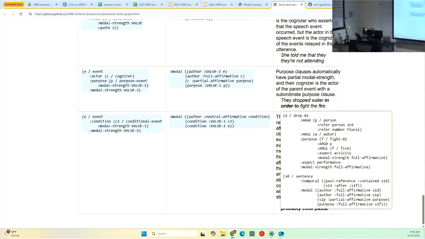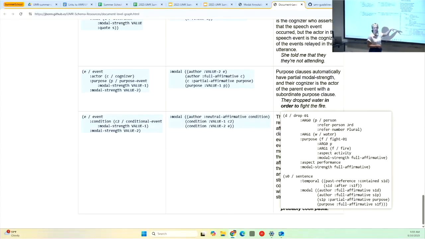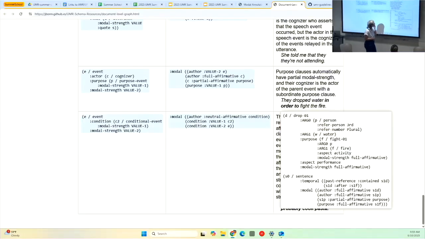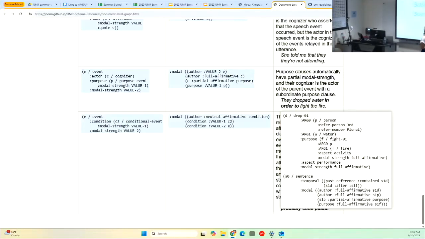Even though this says full affirmative in there, is it supposed to say full affirmative in there? This is new to me also. Oh, okay. So the D is the dropping the water.